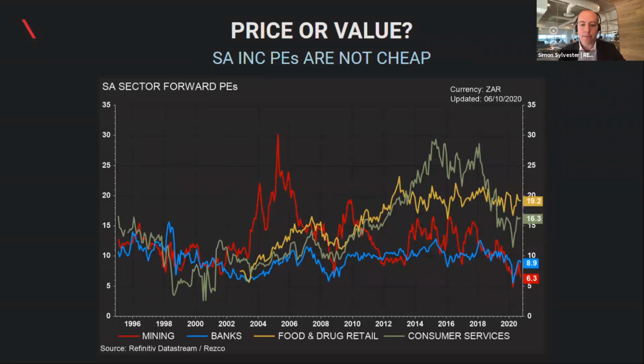And banks have fallen 40%, but their valuation doesn't look that cheap. It's on the low end of its long-term range. And the consumer shares don't look cheap at all. So what's quite interesting here is that just because share prices have fallen, it's the interaction with earnings that creates the valuation. And as you can see here, it's not all about price.